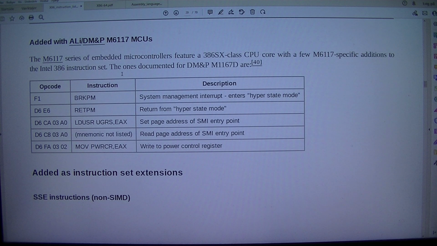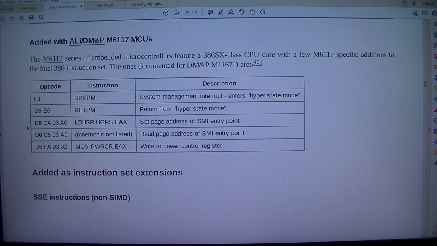The ones documented for M6117D are: 40. F1 BRKPM: System Management Interrupt, enters Hyperstate Mode. D6E6 RETPM: return from Hyperstate Mode.